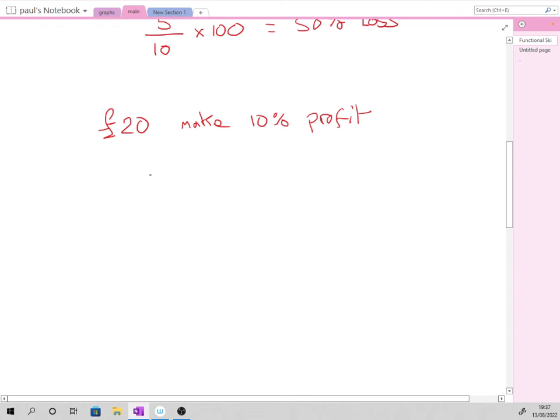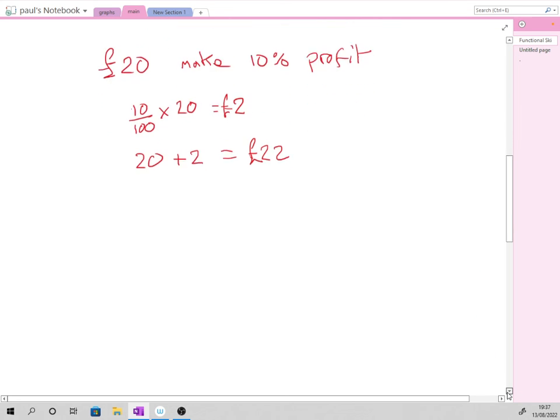You can go back to a previous way and go, 10% times 20 is £2. Yeah. Then you take the original, you add your £2, and you equal £22. So if you buy something for £20 and you make 10% profit, it means you must sell it for £22. So there's the two ways of doing this.